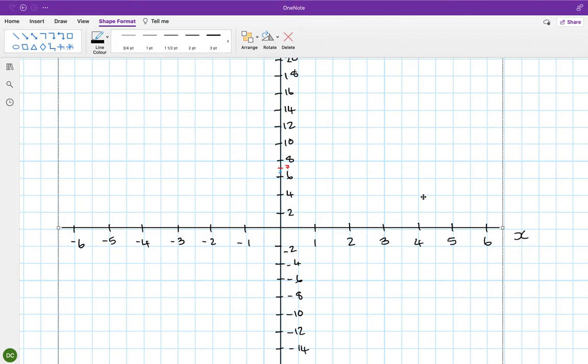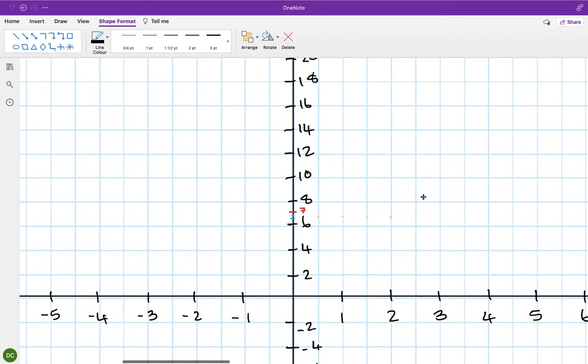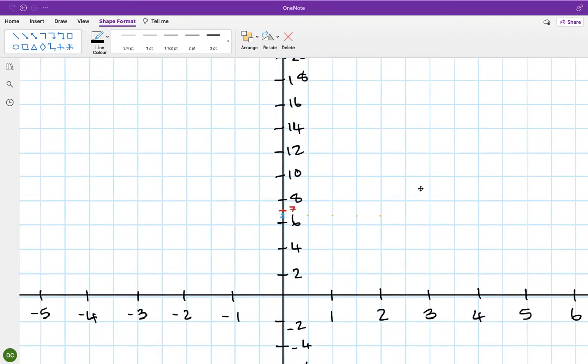I'll put the dots in and I'll take them off. So 1, 2, 3, 4. Can you see them just about? Now I'm going to go down 3 from 6.75. So that's going to be to 3.75.